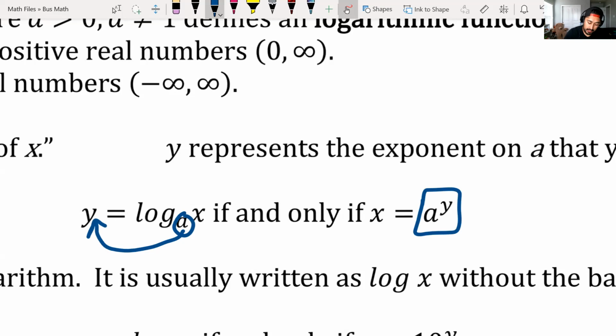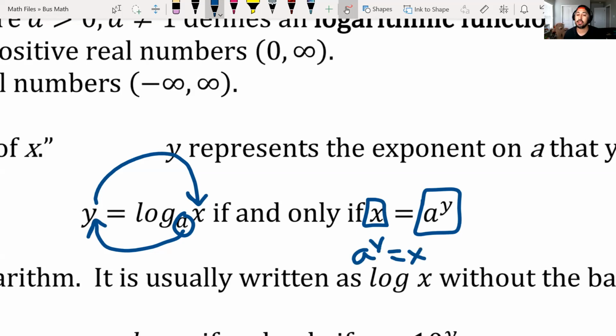And then after that, we set it equal to the inside number of x, which is right over here. So you get x equals a to the y, or you could write a to the y equals x, whichever you prefer. They both are the same.